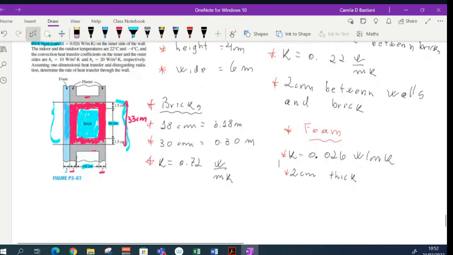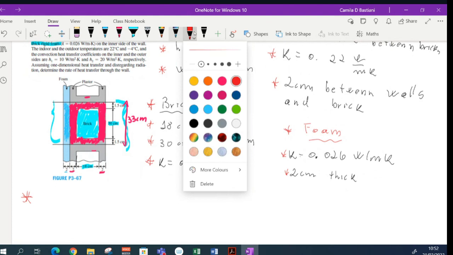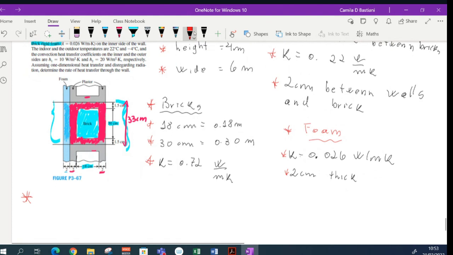And now they go about describing the rest of the problem. On the inner side of the wall, the indoor and outdoor temperatures are 22 degrees Celsius and minus 4 degrees Celsius. So the temperature of the air on the inside is 22 degrees Celsius, and the temperature of the air on the outside is minus 4 degrees Celsius.